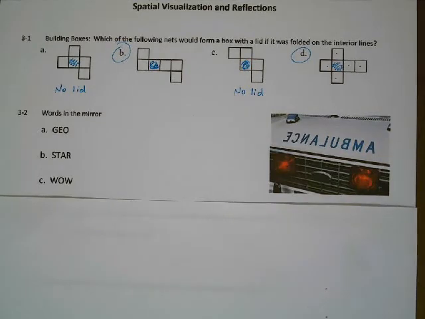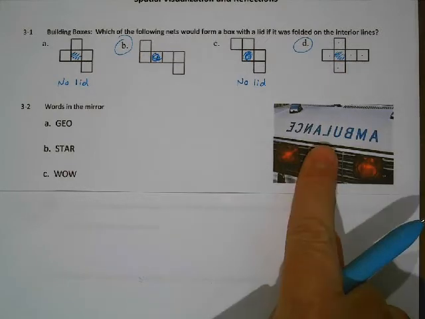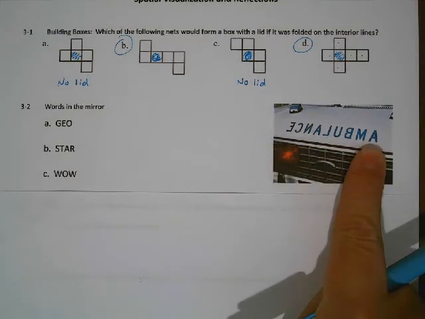The reason why they do that is if the ambulance is driving behind you, you're usually going to look up into your rear view mirror and see it behind you. And if you see this in a mirror, you're going to actually see the word ambulance written correctly. So this is a reflection of the word ambulance. In a mirror, it looks like it's written correctly.